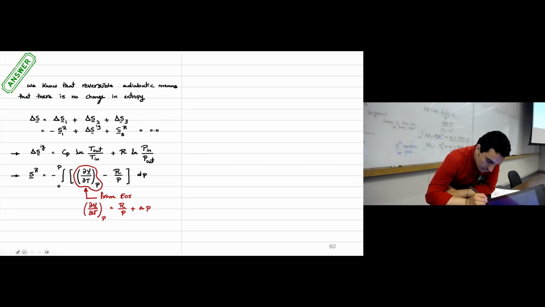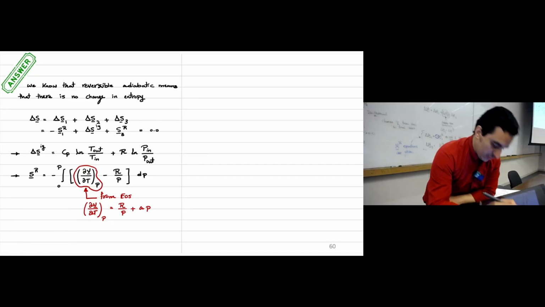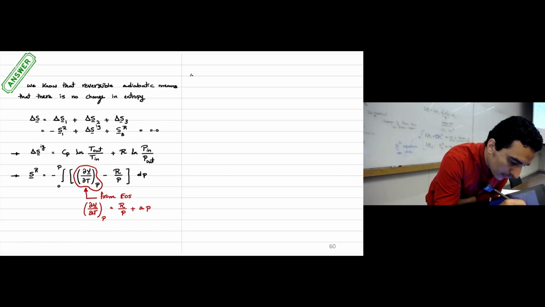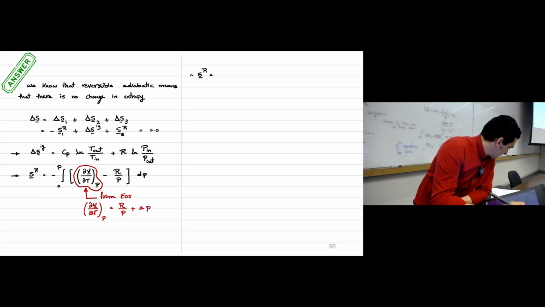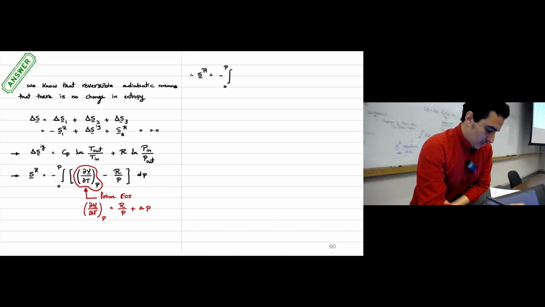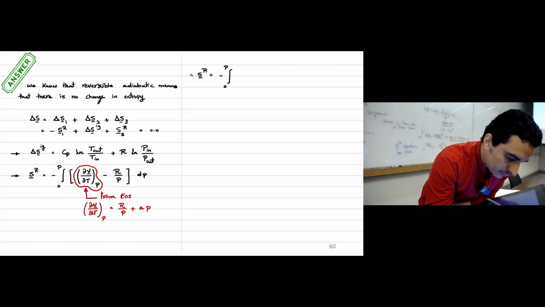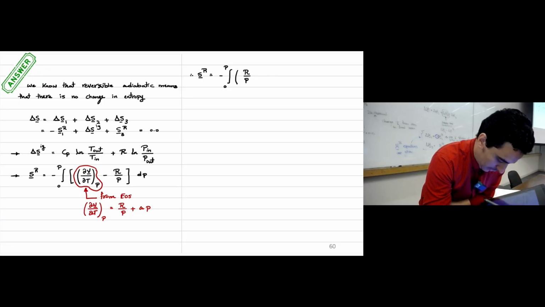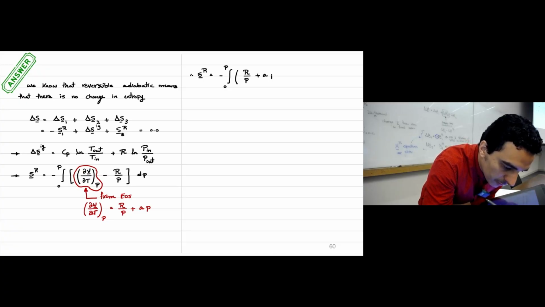Okay, so if we substitute in this one, the residual entropy will be negative integration from 0 to P of (R over P plus AP minus R over P) with respect to dP.